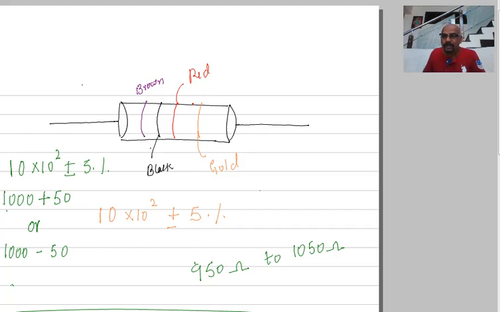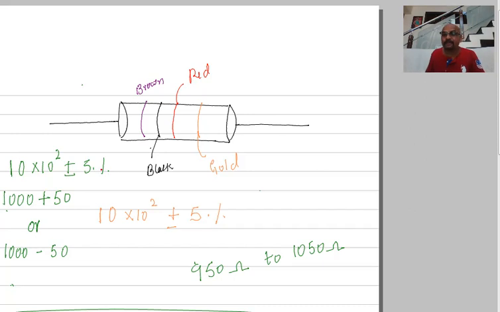So brown is the first ring, representing the first digit. Black is the second ring, representing the second digit, 0. Therefore 1 0. The third ring represents the multiplier of 10. Third ring is red. Red corresponds to 10 to the power 2.